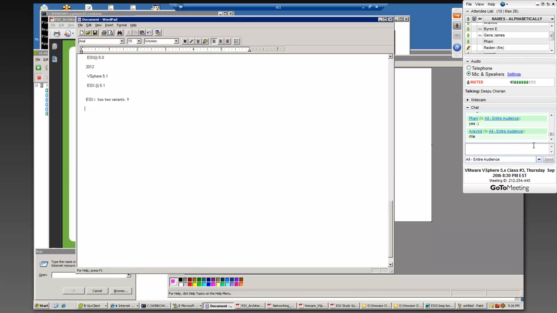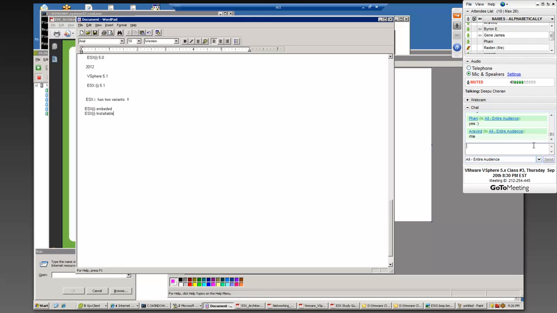One is called ESXi embedded, and the other one is called ESXi installable. What we're going to use in our class and what we will be learning is all going to be ESXi installable. ESXi installable is a version of the ESXi that is commonly used, which you can install on a hard drive. Again, it's only 150 MB.